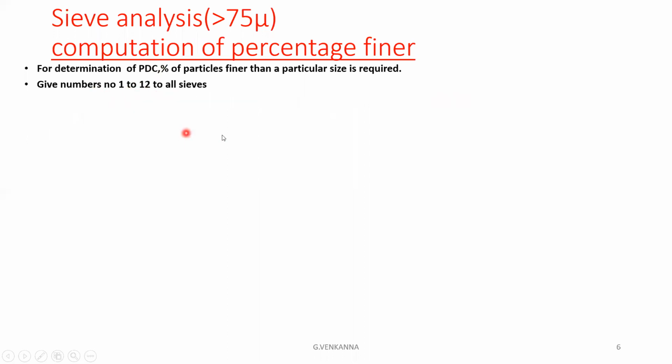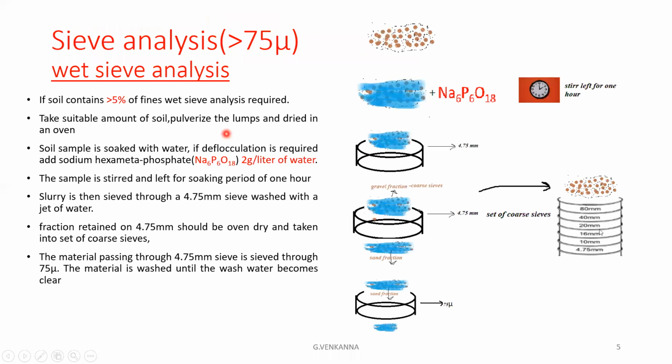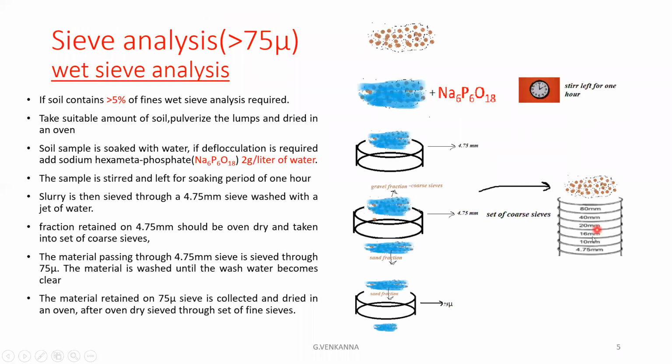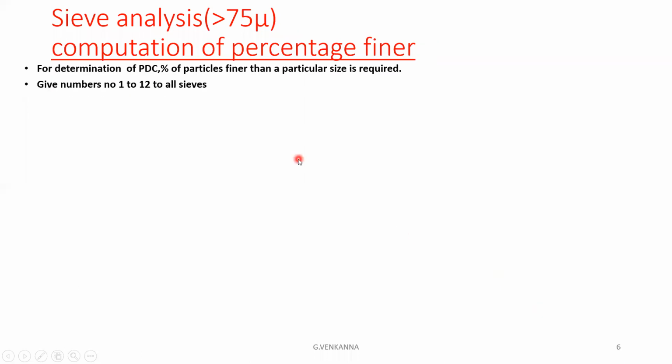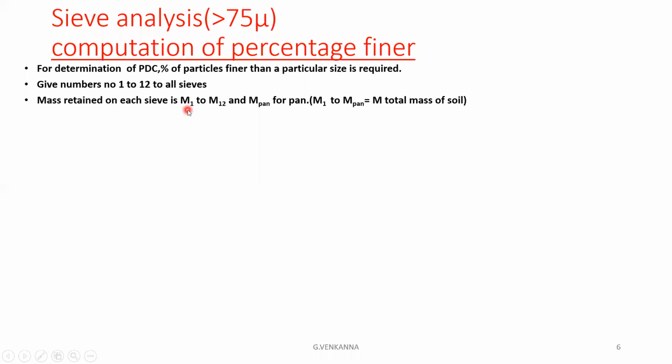Here the sieves are 1, 2, 3, 4, 5, 6, 7, 8. Each sieve is given a number from 1 to 12. So the mass retained on each sieve is m1 to m12. If the soil is retained on the 80 mm sieve, then the 80 mm sieve is designated as 1, and the soil retained on the first sieve is known as m1.